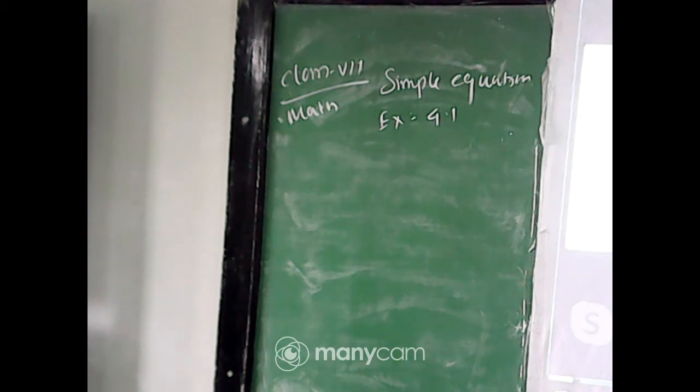The first question says that Irfan says that he has 7 marbles more than 5 times the marbles Parmit has. Irfan has 37 marbles. Take M to be the number of marbles Parmit has.